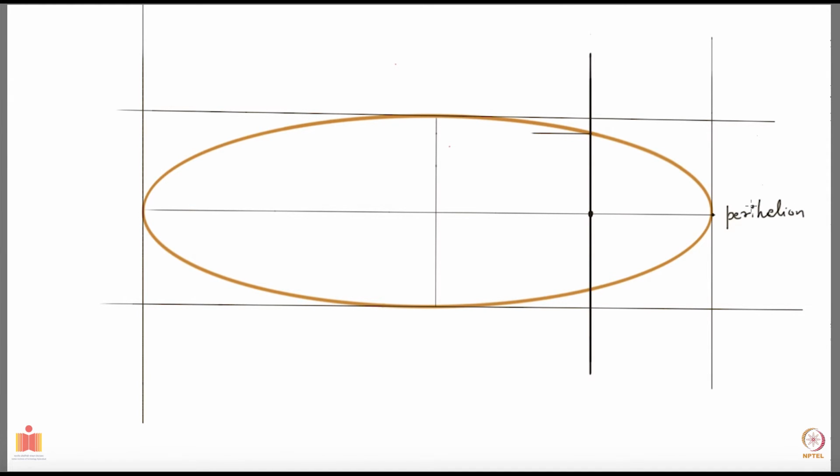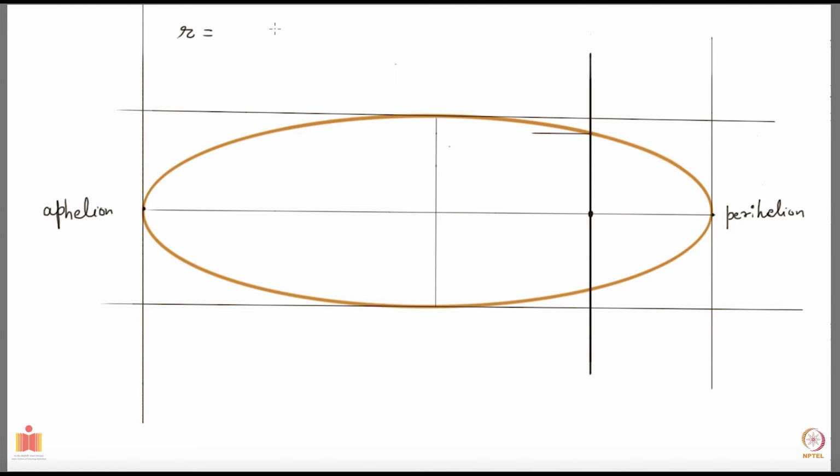Perihelion. This point, the opposite point which is furthest away from the focus, is called aphelion. Okay, let me also write down the equation which we wrote some time back.